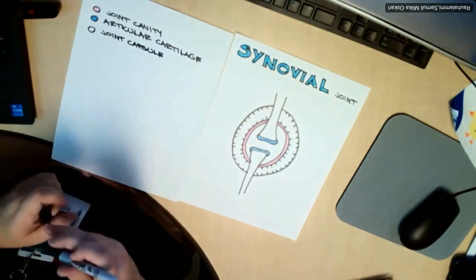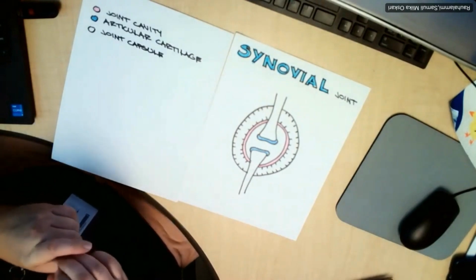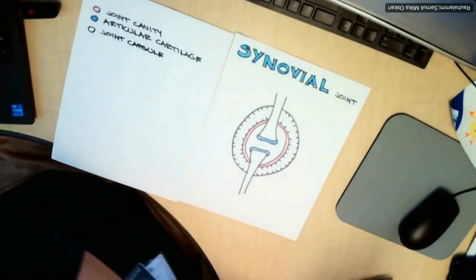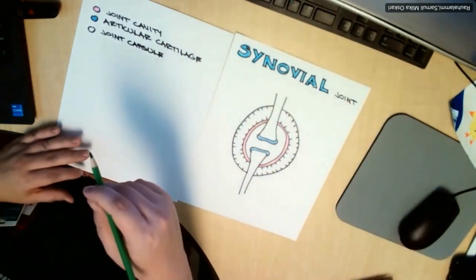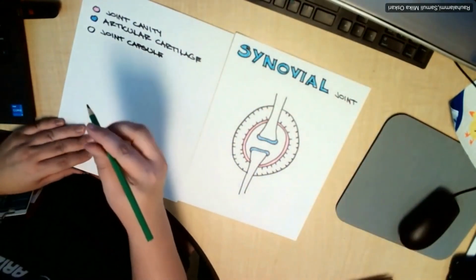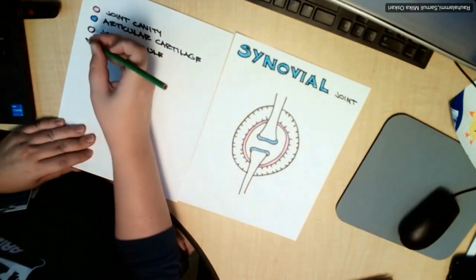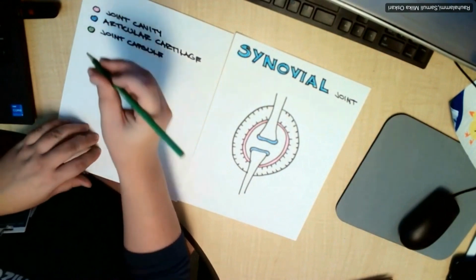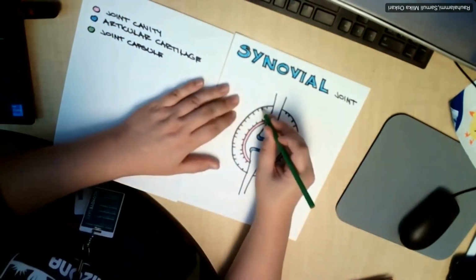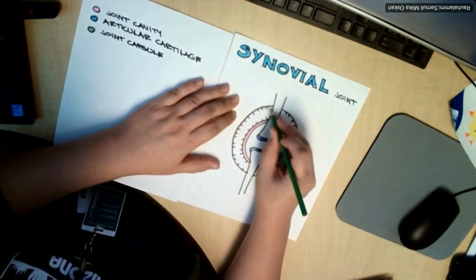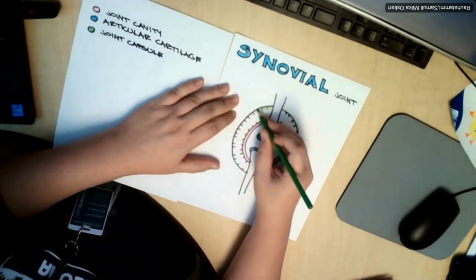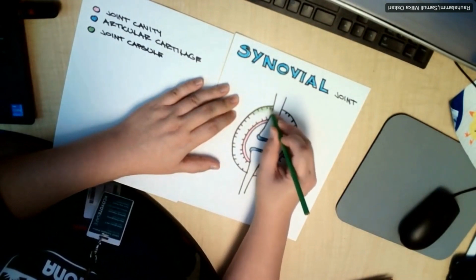One thing that we will actually end up seeing with the joint capsule is that joint capsules are typically made of two layers that are present at these sites. So you will find a fibrous layer that's more external, and then a more inner synovial membrane layer.